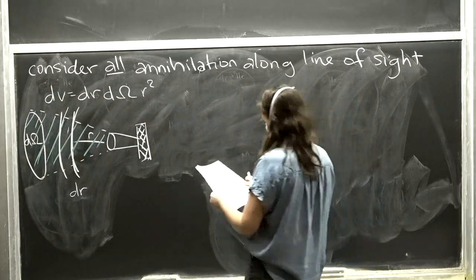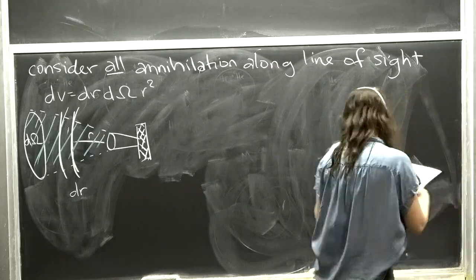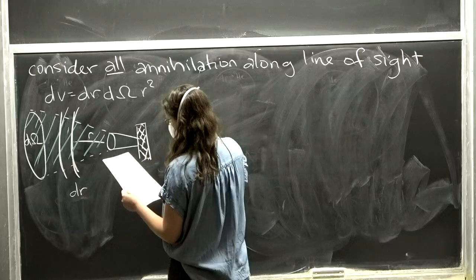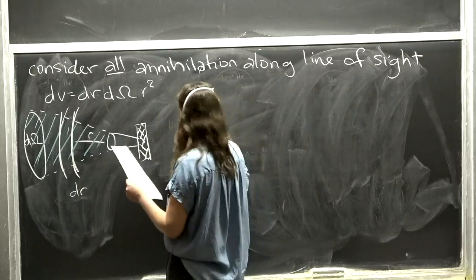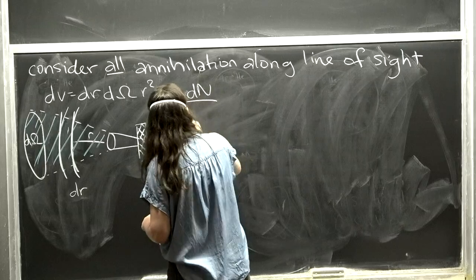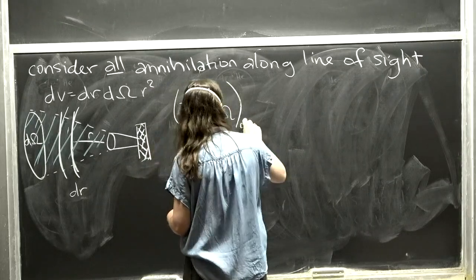So now if I do that, I slap an integral dV on that. Sorry, I'm actually just going to integrate over r first. I have dN/dE dt dΩ that I observe.